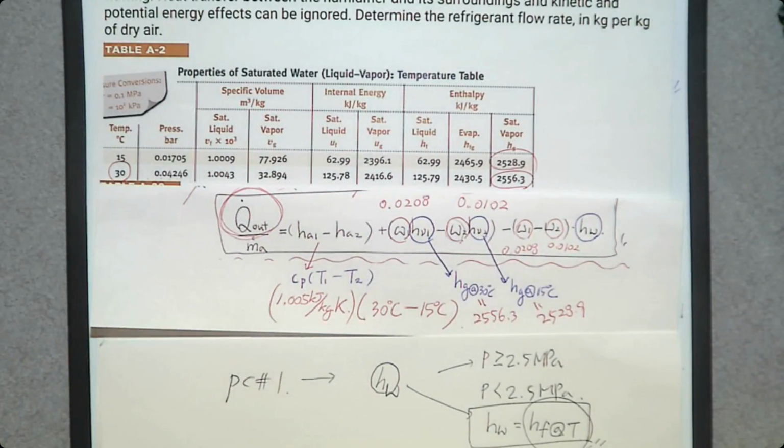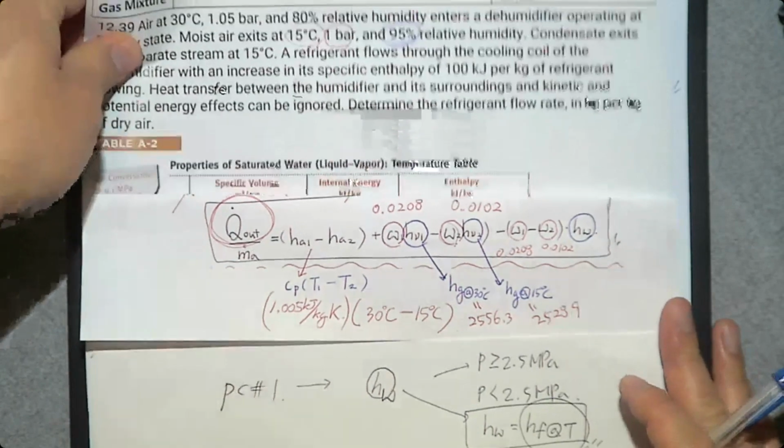If you have a compressed liquid, of course it's a compressed liquid, right? It is after condensation. We have liquid water. And the properties of this liquid water can be approximated by the properties of saturated liquid, Hf, at the same temperature.